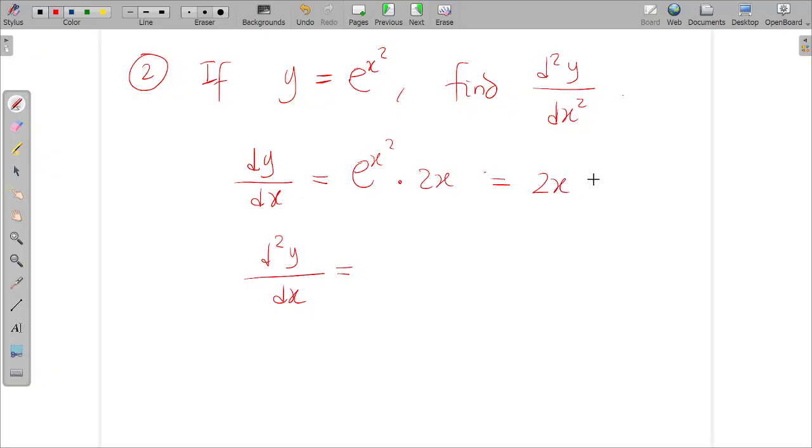This becomes 2x times e to the power x squared. So you can hold on to this. You can either write it this way, this one making u and this one making v, and then use your product rule, or you can bring the constant out and do something like this.